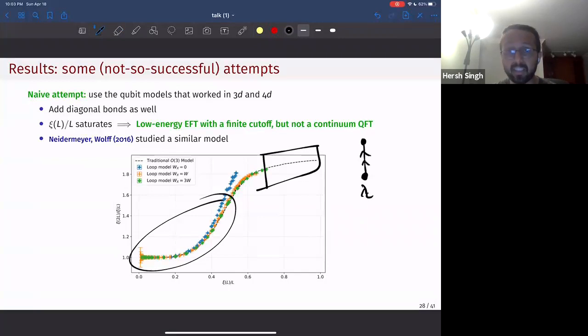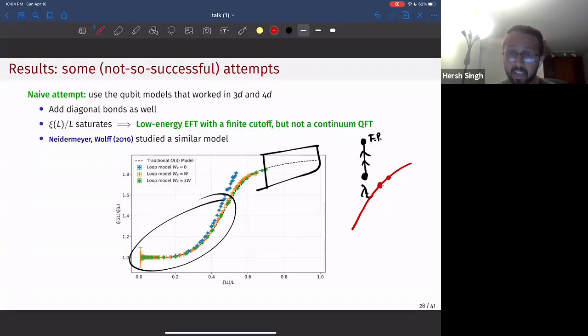This line represents the critical surface, so this is a fixed point. What's happening here is that as we tune the Hamiltonian, we don't actually land here. What we do is sort of go past that and don't even hit the critical surface at all. So we are able to go close to the critical point somewhere here.